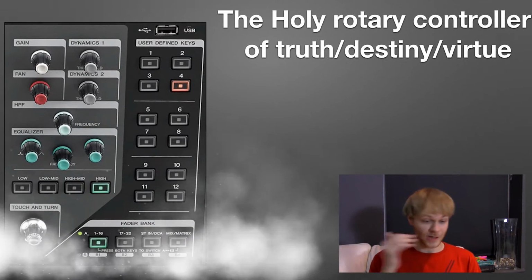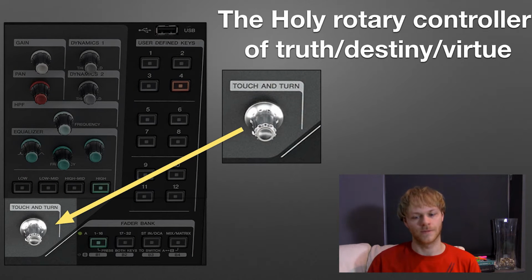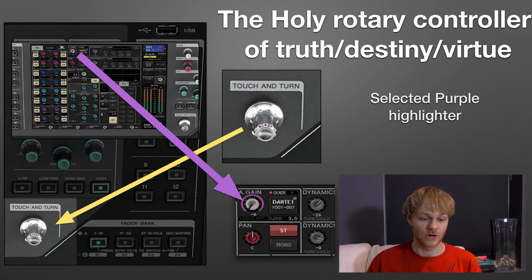So arguably the most important thing about this console is this little rotary encoder here. It's incorporated into the workflow. We need to use it really. So for example, we would use the touchscreen. We would touch the parameter that we want to affect, and we would turn this little digital rotary encoder.